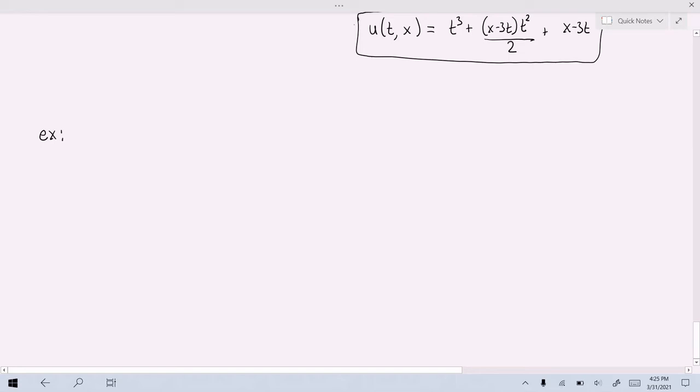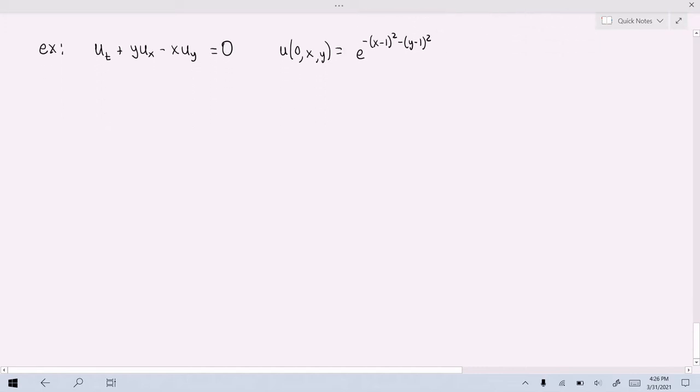Let's consider the following PDE: u_t plus y u_x minus x u_y equals 0, with an initial condition when t is 0, u of 0, x, y is equal to e to the negative (x minus 1) squared minus (y minus 1) squared.